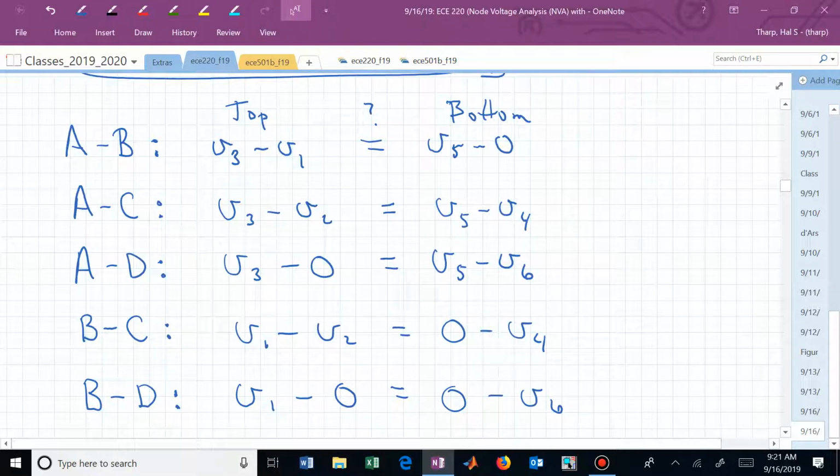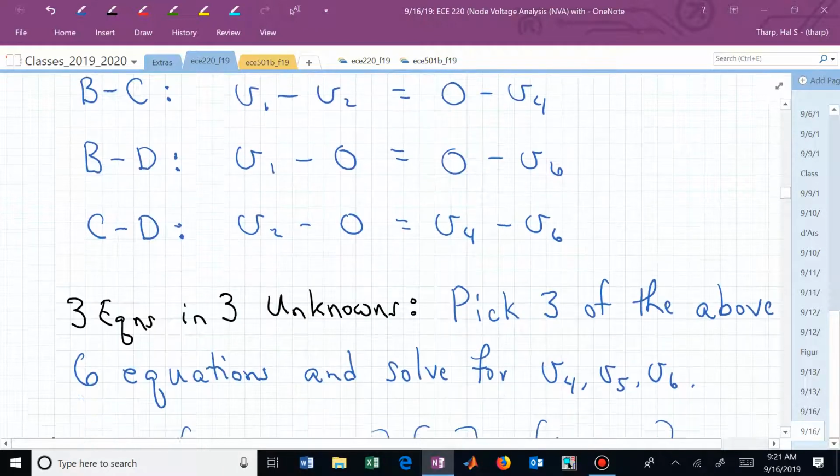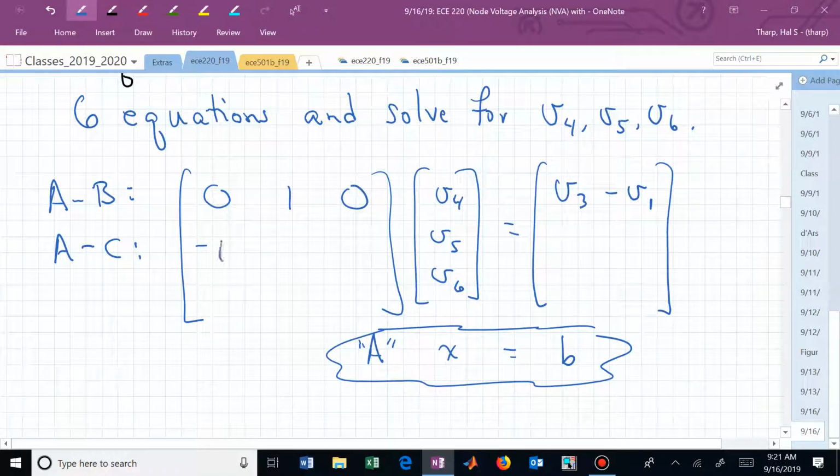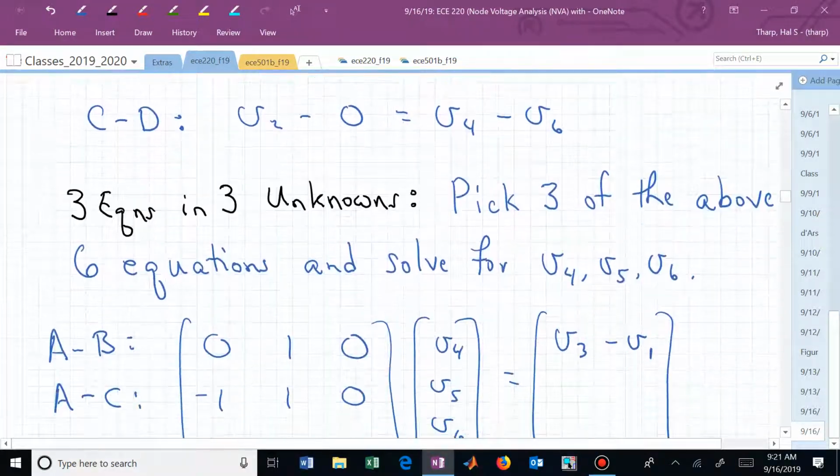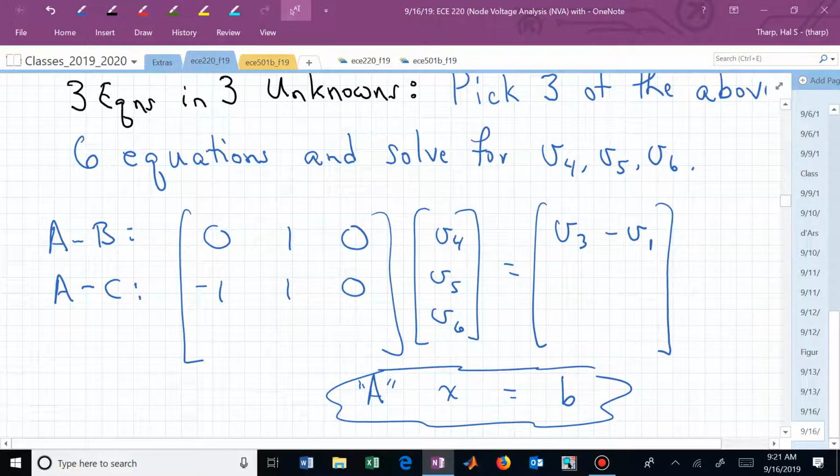Whatever we put in that row, when it's multiplied by V4, V5, V6, needs to produce V5 minus V4. I can do that by V4 minus V5.